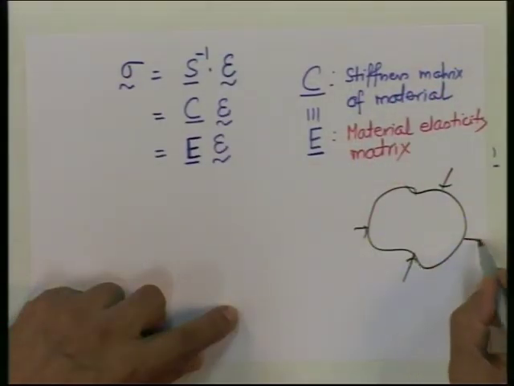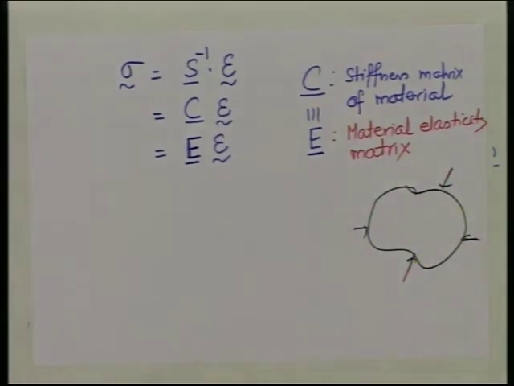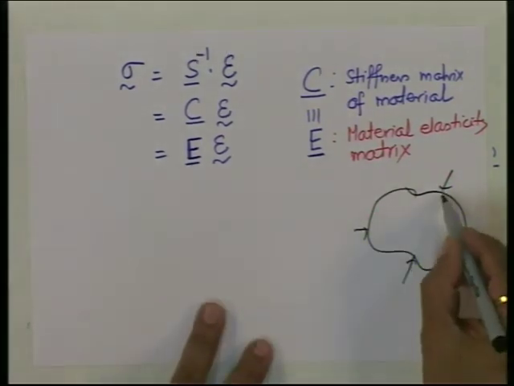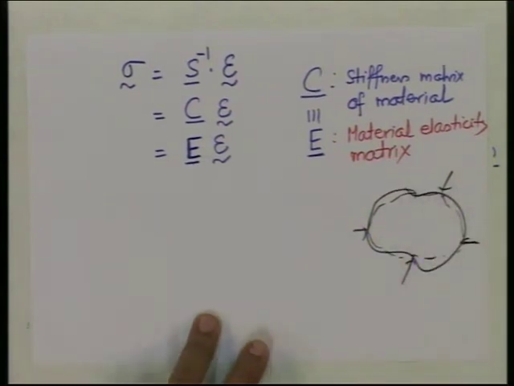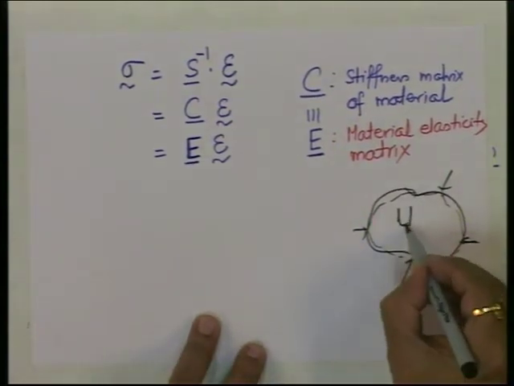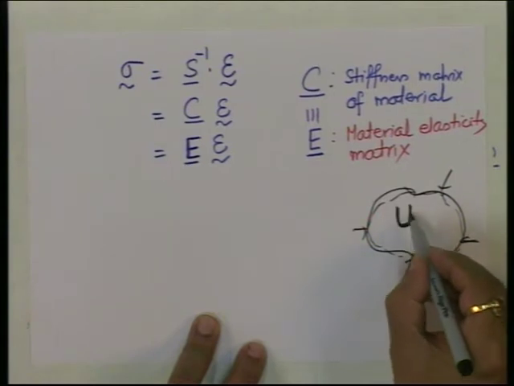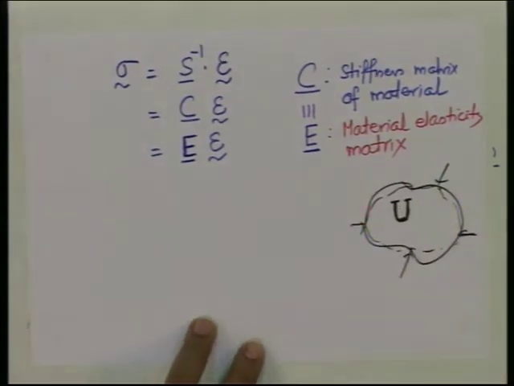Any 3-dimensional body in equilibrium is held by reactions and forces. Strain energy is a positive definite quantity stored in the body. If you remove the loads, this can be recovered, and the body will come back to its original position.